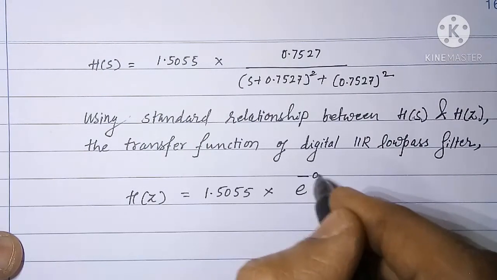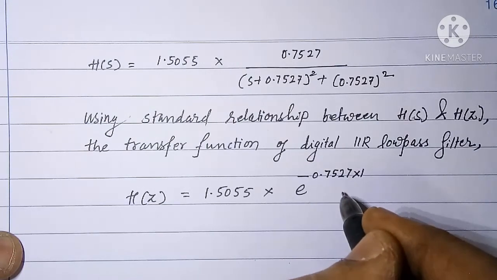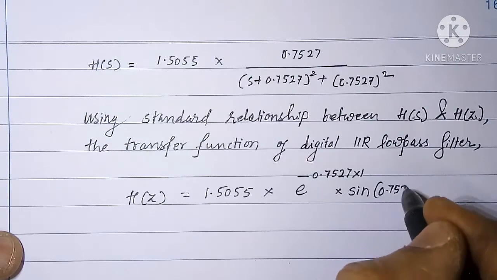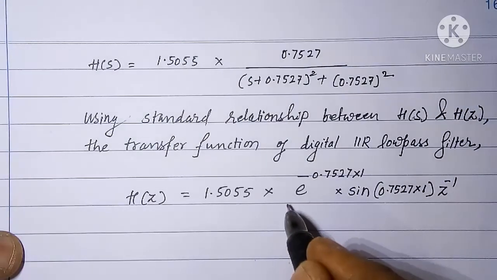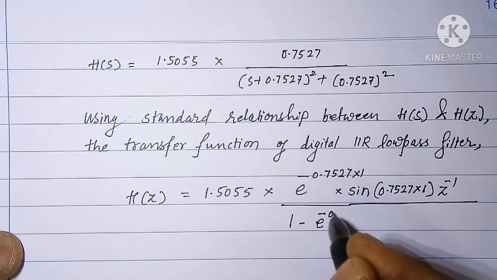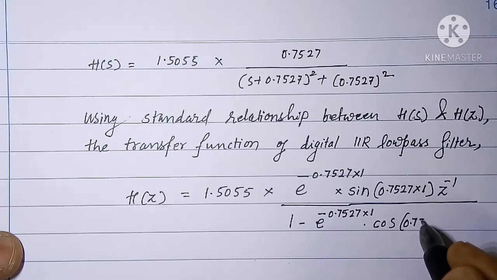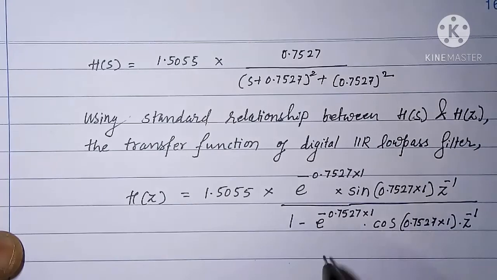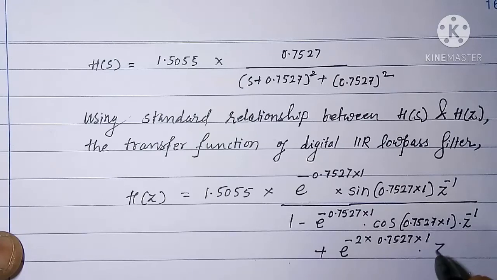E raised to minus 0.7527, T value is 1, so into 1, into sine of 0.7527 into 1 into z raised to minus 1 whole divided by 1 minus e raised to minus 0.7527 into 1 into cos of 0.7527 into 1 into z raised to minus 1 plus e raised to minus 2 into 0.7527 into 1 into z raised to minus 2.